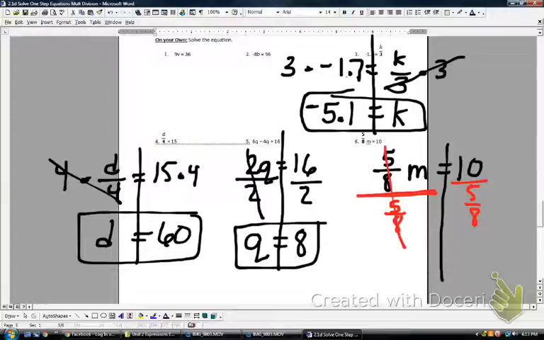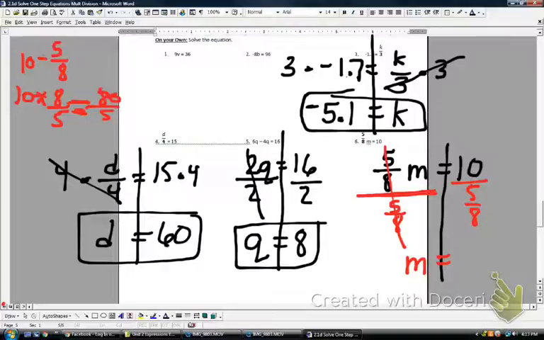So this goes to 1. Then I have m equals 10 divided by 5/8. So 10 divided by 5/8 is the same thing as 10 times 8 over 5, which is 80 divided by 5.